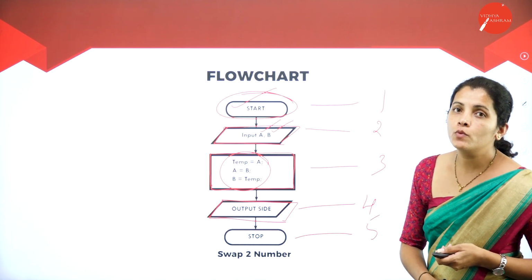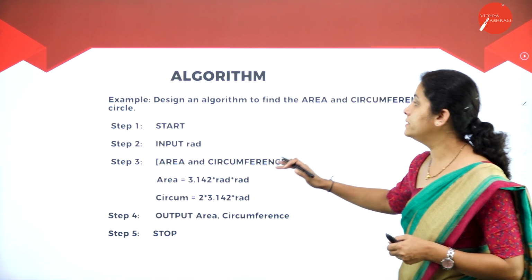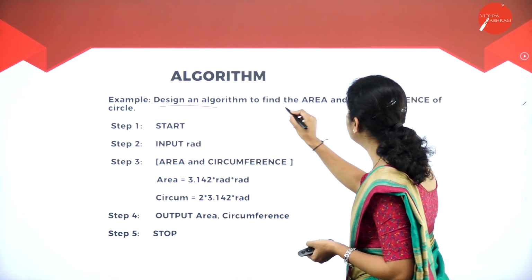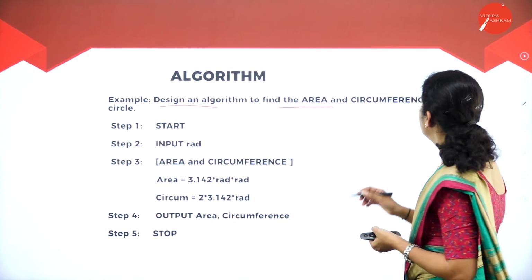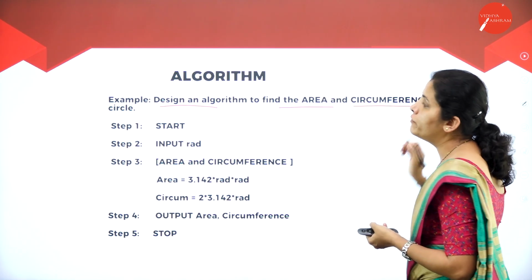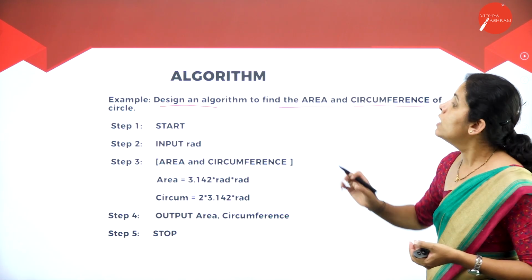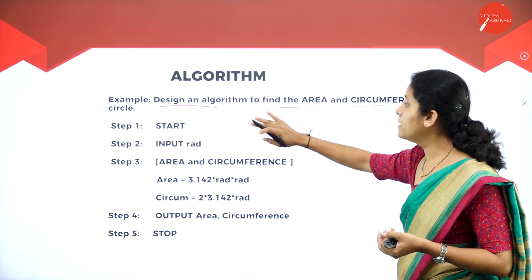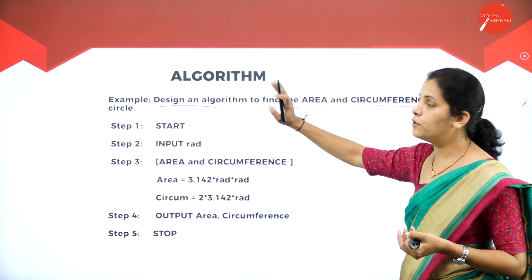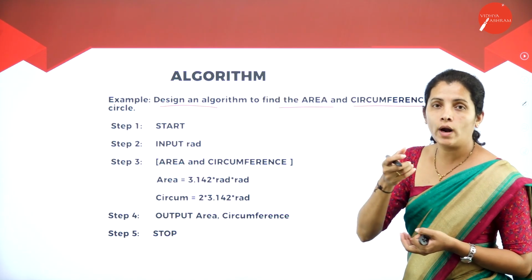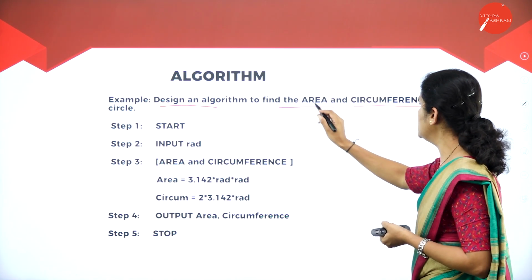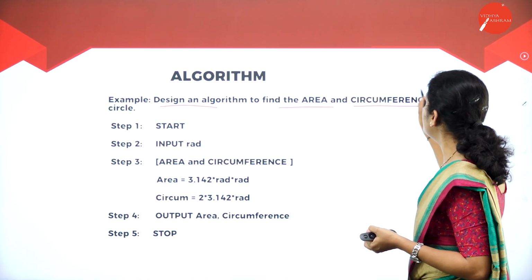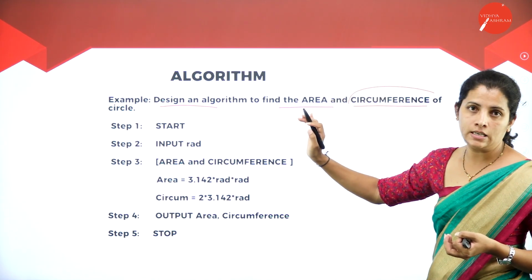Moving further, I'm going to have another example: design an algorithm to find the area and circumference of a circle. That means I want to design an algorithm, and at the same time I want to write the flowchart for this algorithm. What is my problem here? I want to find the area as well as the circumference of a circle.